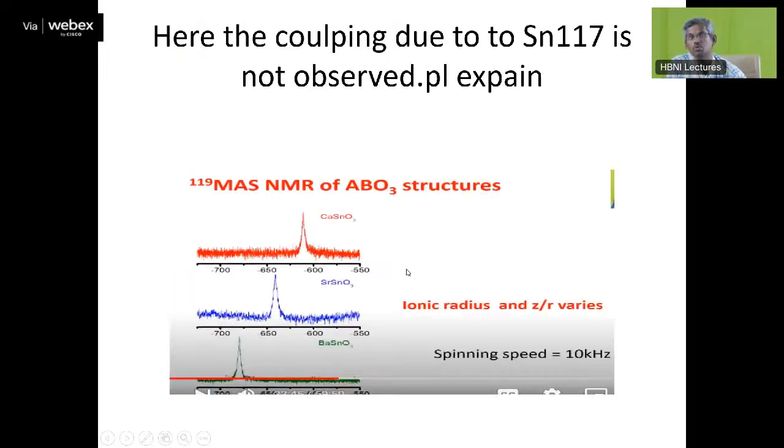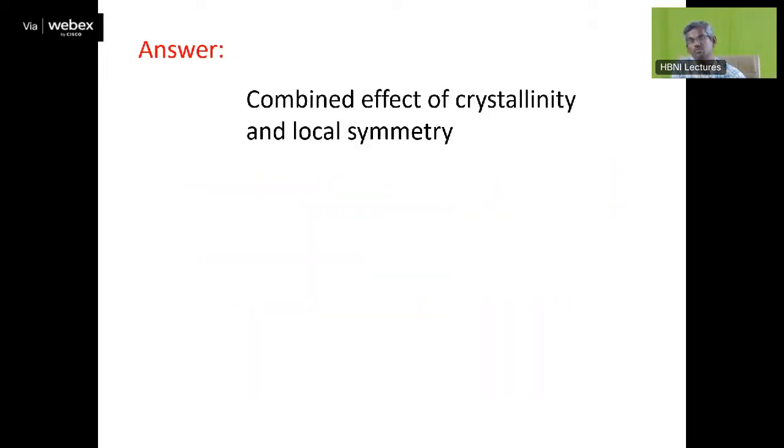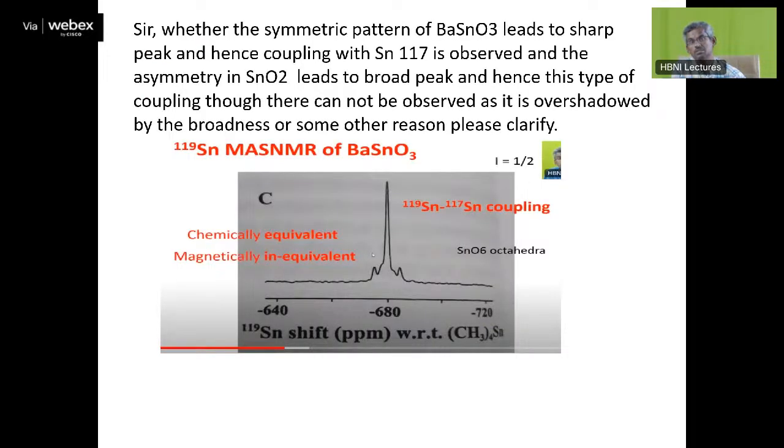Whereas the moment you go to calcium stannate, etc., the crystallinity is poor. You see how broad the line is. The line broadening is quite high, so the splitting or the coupling we are not able to see. This is purely because of the slightly poor, crystallographically poor environment around the tin nucleus. That is why we are not able to see the doublet form.